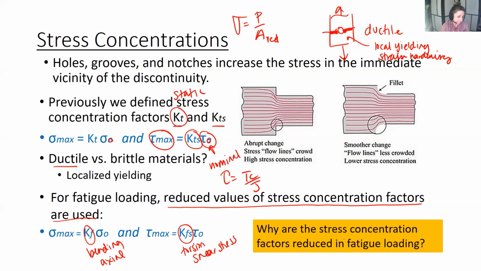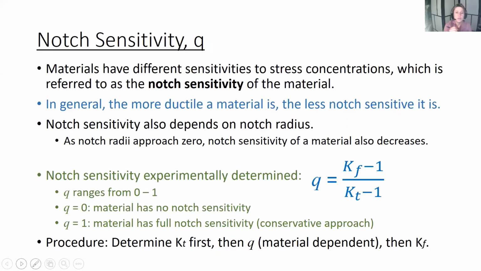And I think of it this way: if something is oscillating between tension and compression, there's some point in time where the fibers aren't in tension or compression, so you get a little stress relief. That's the way that makes best sense to me for why we use these reduced factors for stress concentrations in fatigue. Okay, 2 more slides, I promise.